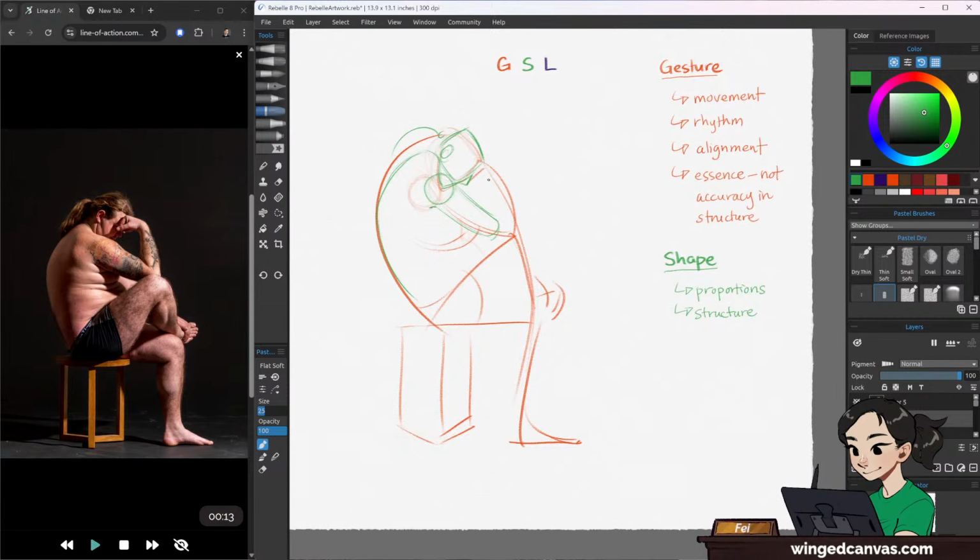And then draw in the cylinders. And then the shape of the hand. Right.